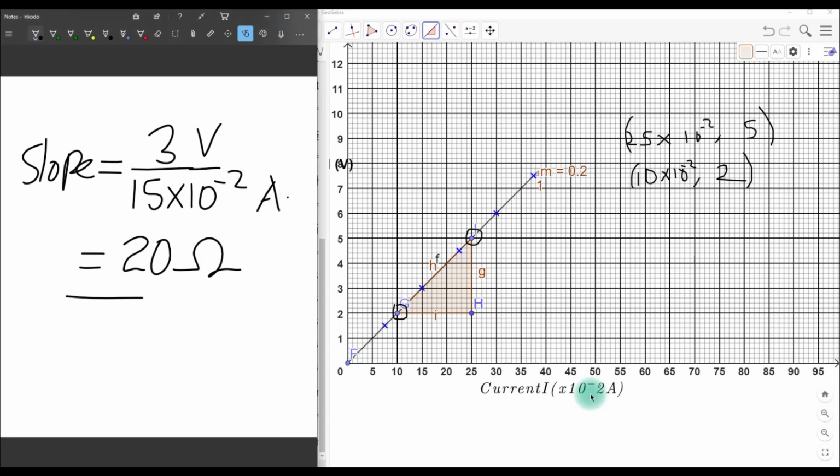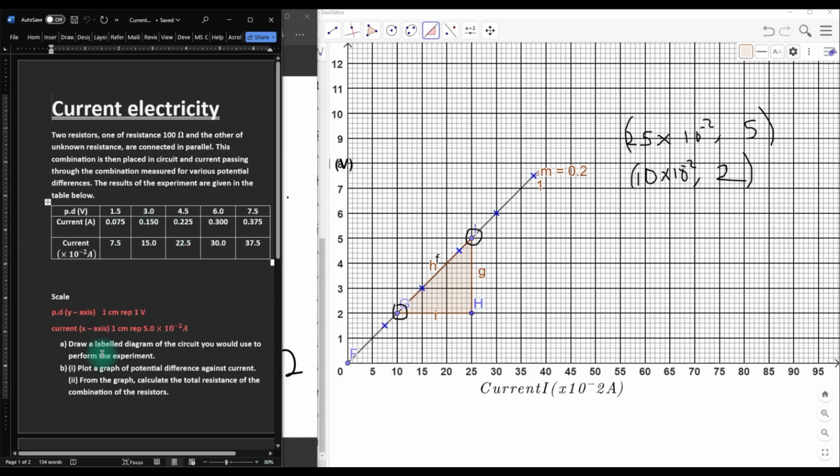So that will be 0.2 divided by 10 power negative 2. If you work it out, again you'll still get 20 ohms.